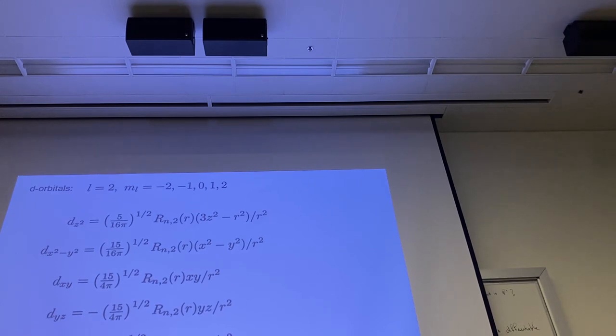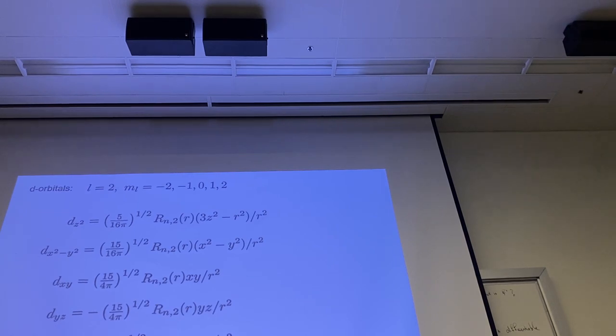Here they are. As you can see, they look maybe a little bit more complicated. You can see I didn't write out the R function. And I write it also in a particular way, namely in x and y coordinates. These d orbitals are, in a way, linear combinations as well, just like we did for the p orbitals.